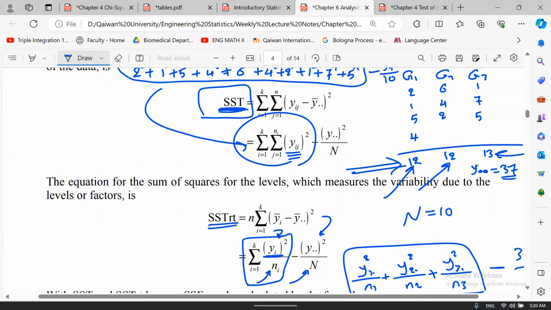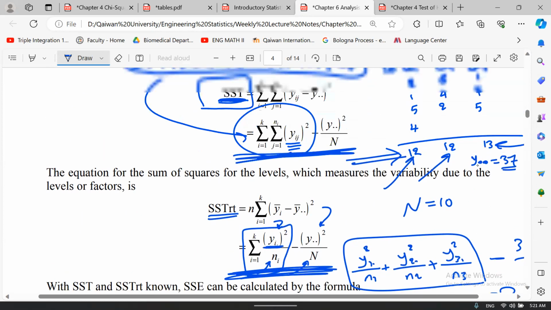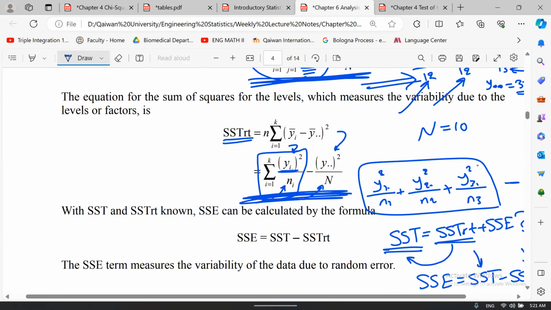SST is equal to this formula. And SSTRT is this one. Finding these two, you could get SSE. SSE is SST minus SSTRT. You get it.